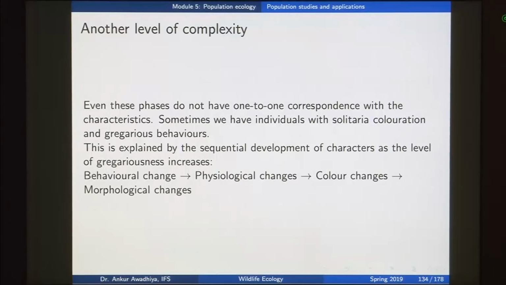Another level of complexity is that even in the case of these phases, there is not a one-to-one correspondence between the characteristics. Even though, on the very blunt scale, earlier we said that these are two different species, then we said that these are the same species but there are these two phases with very different characteristics, there is a further level of complexity.